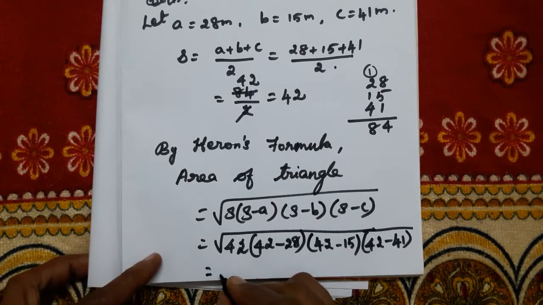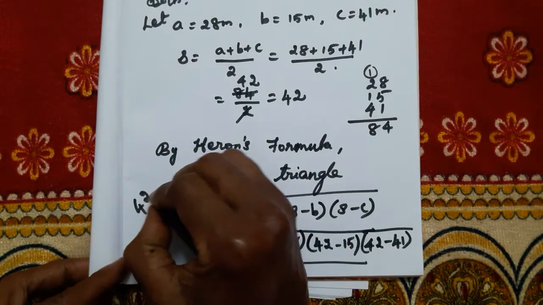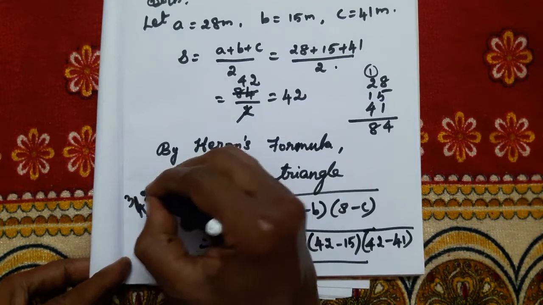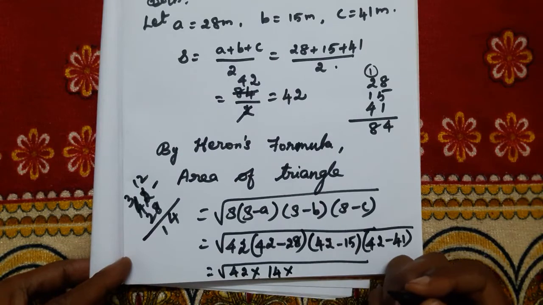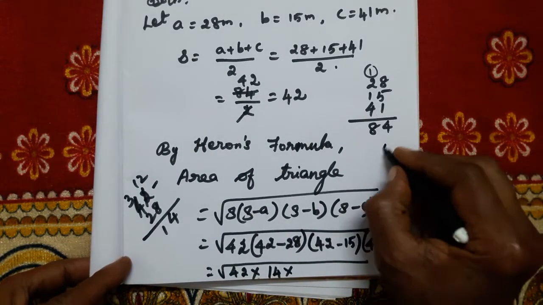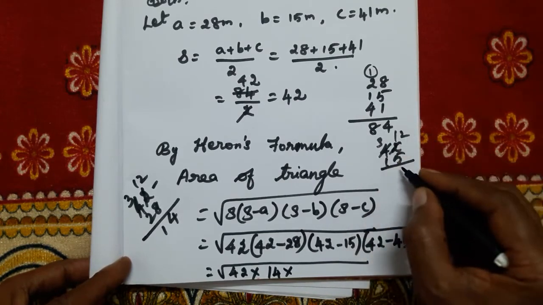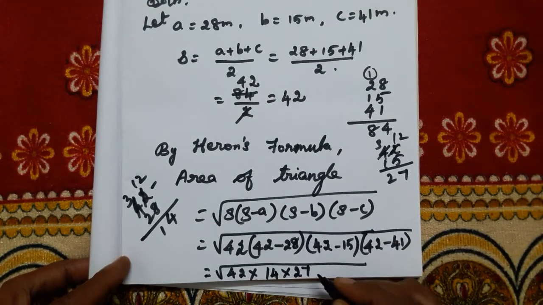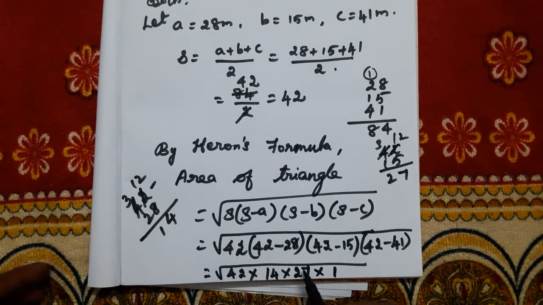Next, it's equal to root of 42 into 42 minus 28, that is 14, into 42 minus 15, that is 27, into 42 minus 41, that is 1.